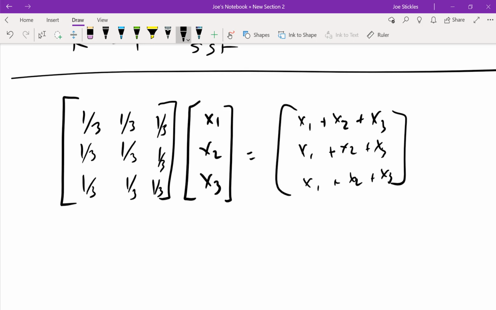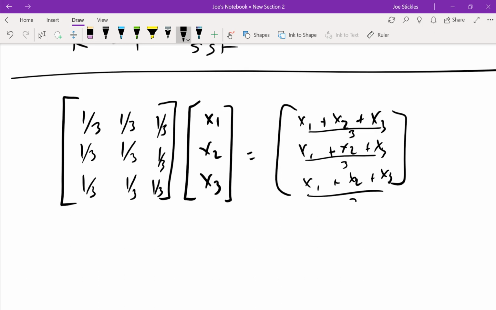What would I get in each component? Is it times a 9th, or? I think it's just times a third, isn't it? Because I'll have a third x1, a third x2, a third x3, right? So if I put a third there everywhere, these just all get divided by 3.